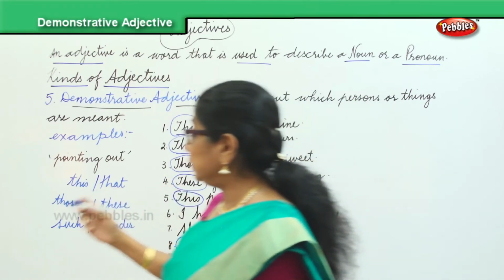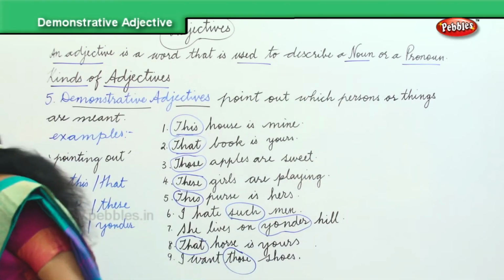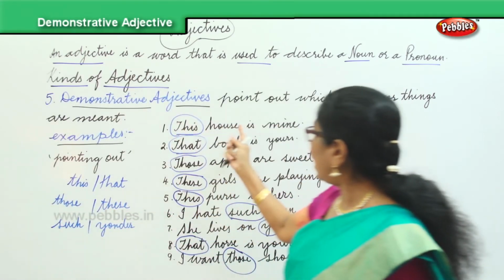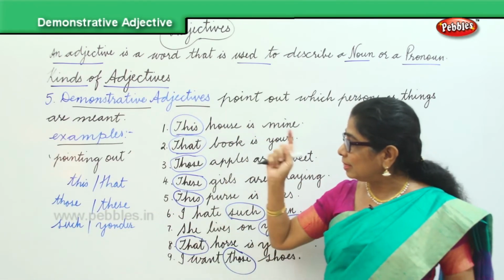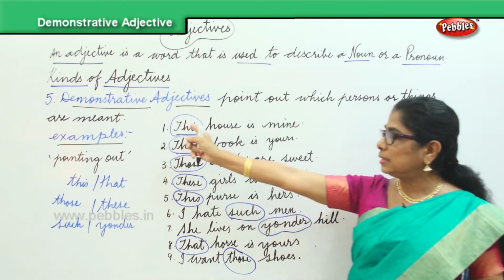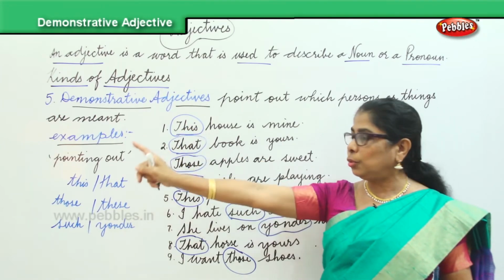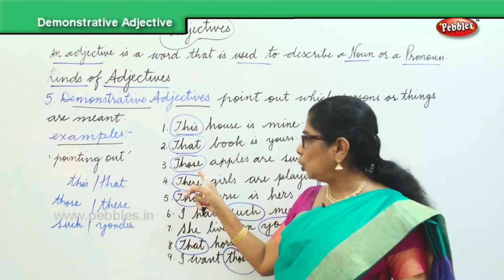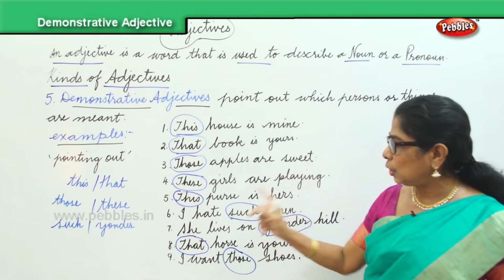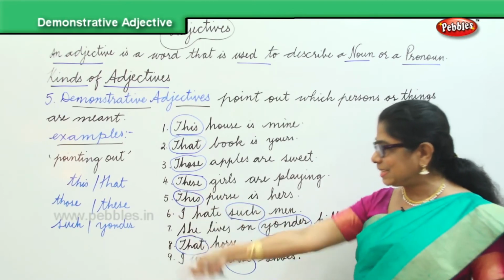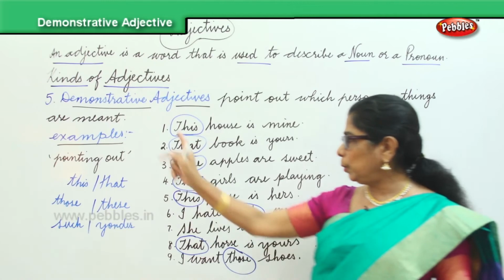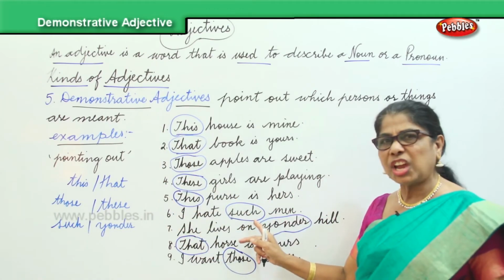The examples that we have here: this house is mine, we are pointing out to this house. That book is yours, we are pointing out to that book. Those apples, these girls, this purse, such men.